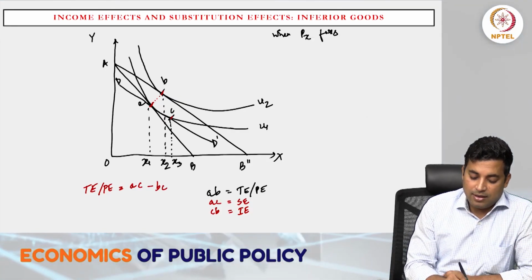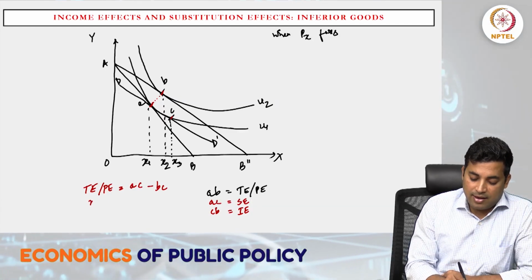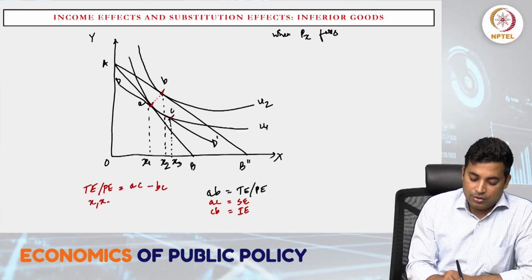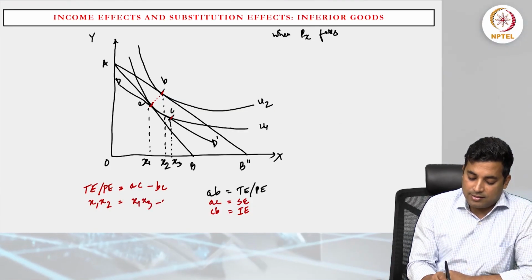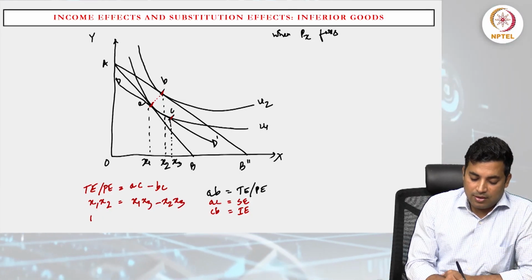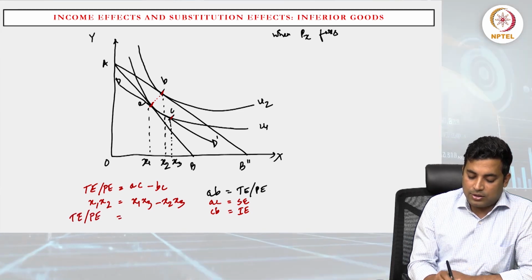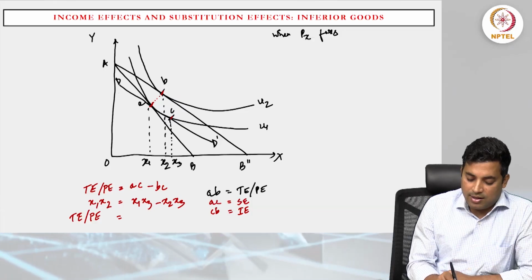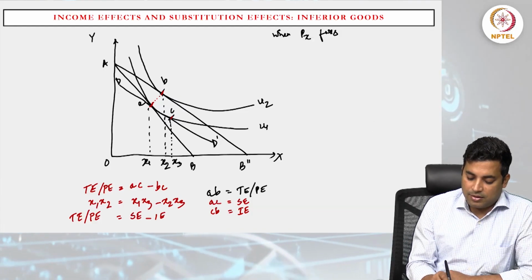So in terms of quantity amount, the price effect x1 x2 is equal to x1 x3 minus x2 x3. So the price effect or total effect is equal to x1 x3, the substitution effect, minus the income effect.